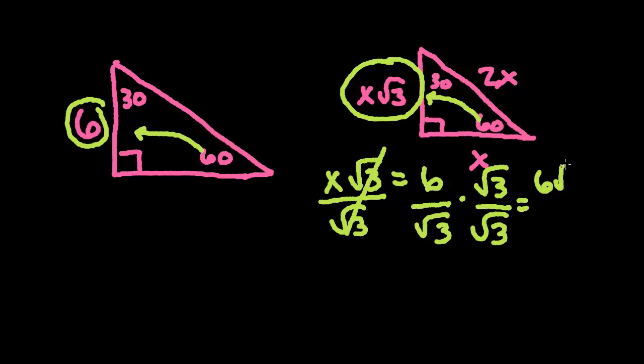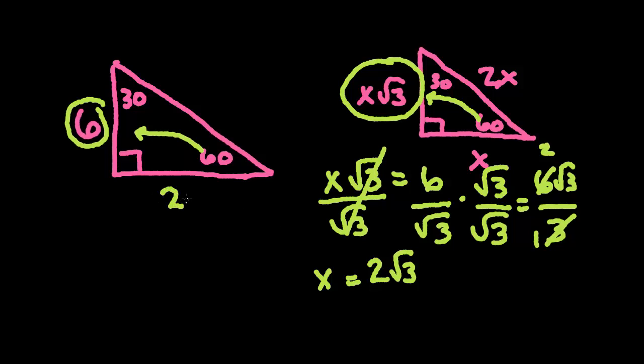That gives me 6 square root 3 over 3. And that simplifies. 3 goes into 3 once, 3 goes into 6 twice. So that simplifies to 2 square root 3. So x is equal to 2 square root 3. So that's what goes here.